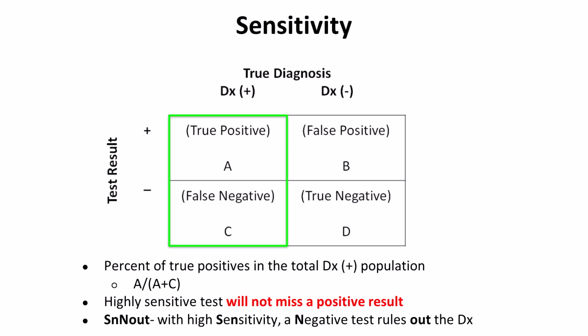That also means that a negative test rules out that diagnosis. You can remember that by thinking SNOUT. Sensitivity, SN, and then negative, out. A highly sensitive test rules out the diagnosis because it's designed to not miss a true positive result.